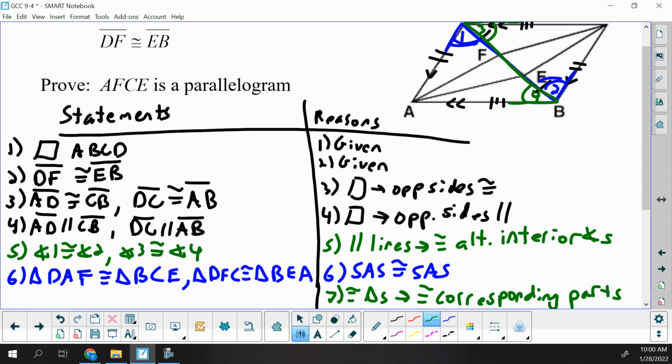Well, we can do those extra sets of sides that will end up being the opposite sides in the parallelogram. So we can say that AE is congruent to FC. And we can also say that AF is congruent to EC.